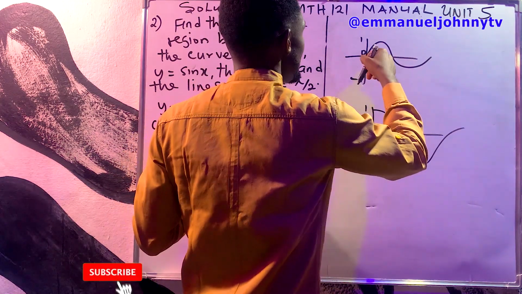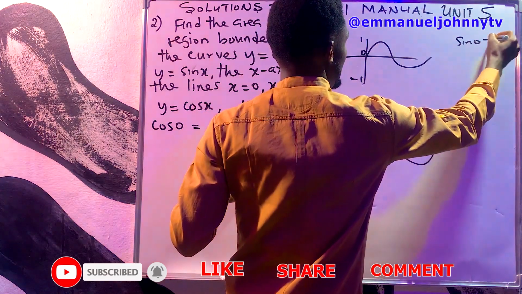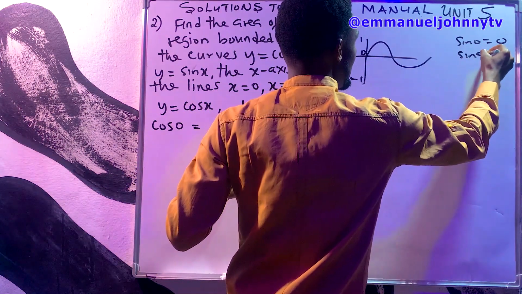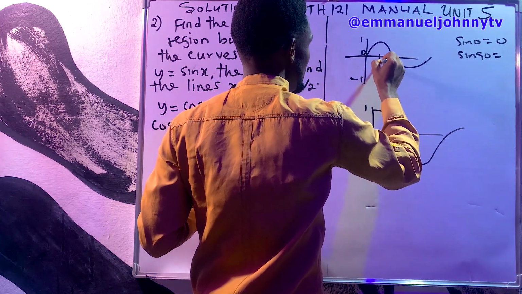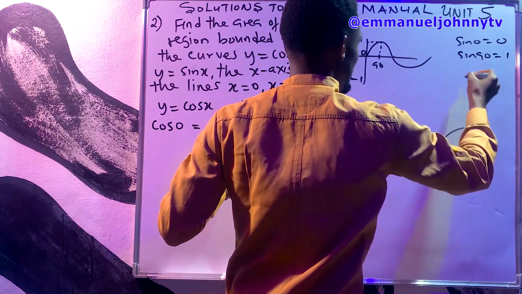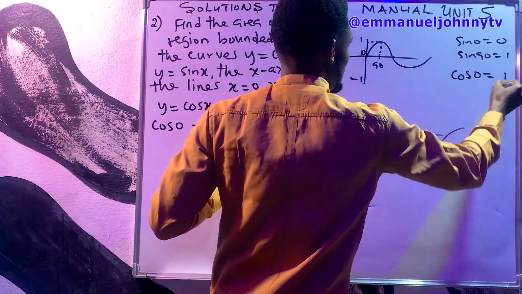So this means that sine 0 is 0 because it starts from the origin. But sine 90, from here to here is 180, so the middle here is 90, which corresponds to 1. So sine 90 is 1. Whereas cos 0 starts from 1. Cos 0 is 1.